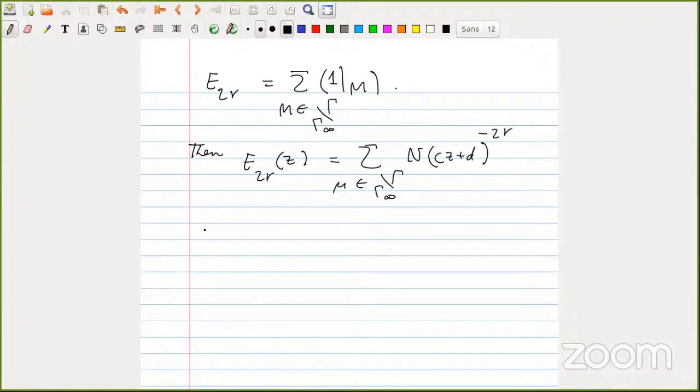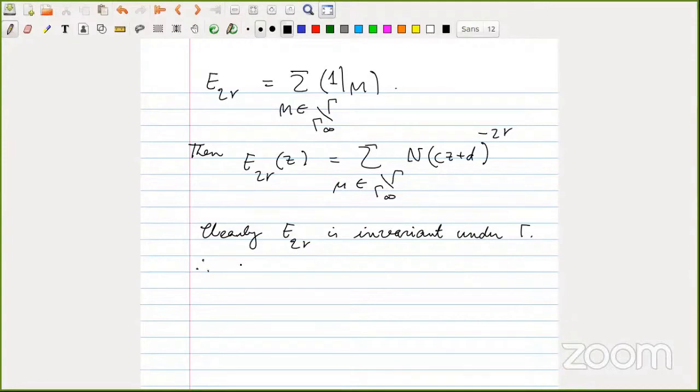So clearly E_2r is invariant under gamma. Therefore this is going to be an automorphic form of weight 2r.